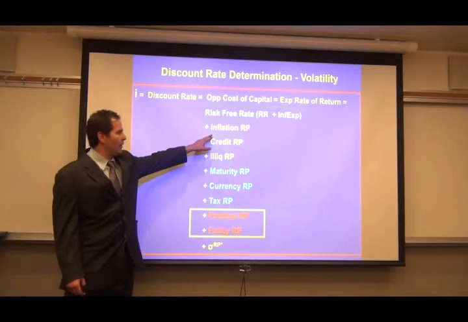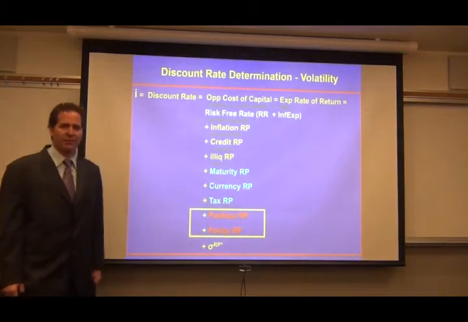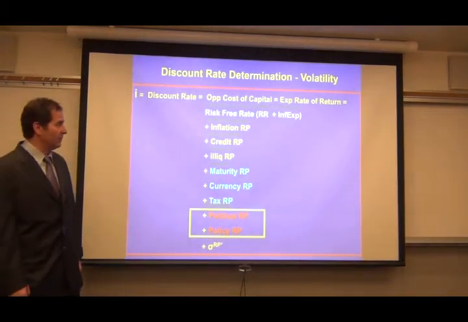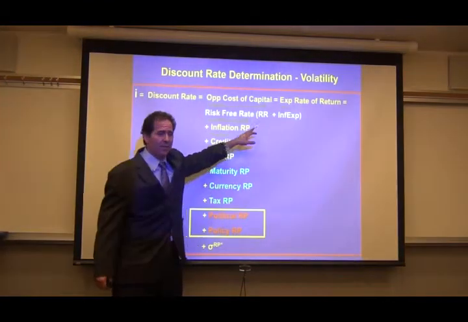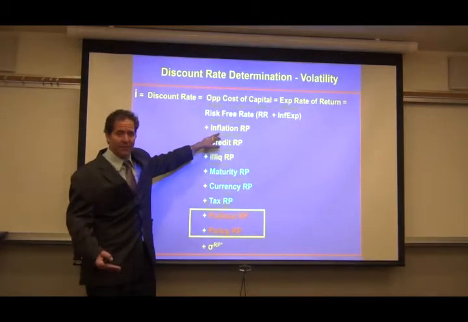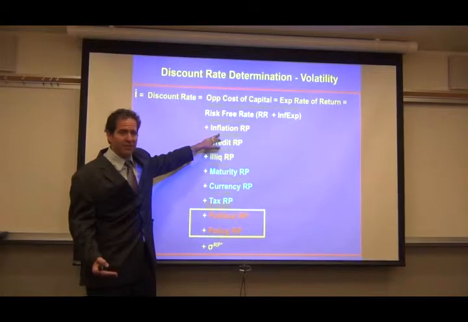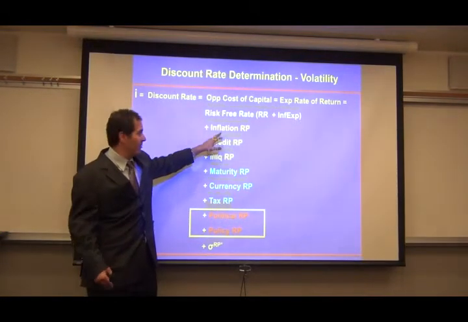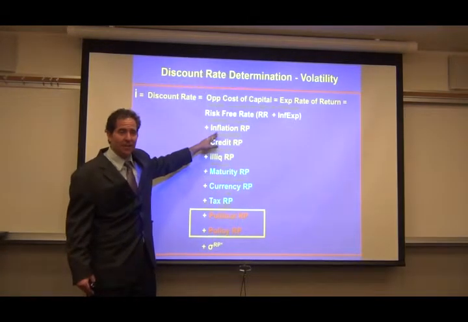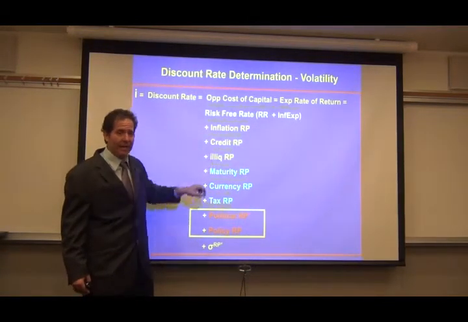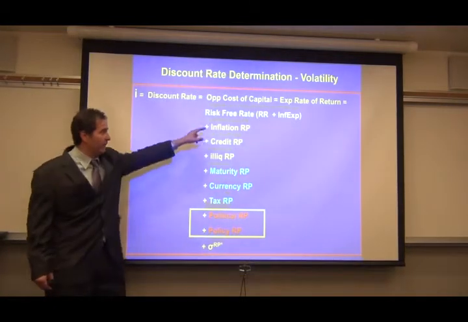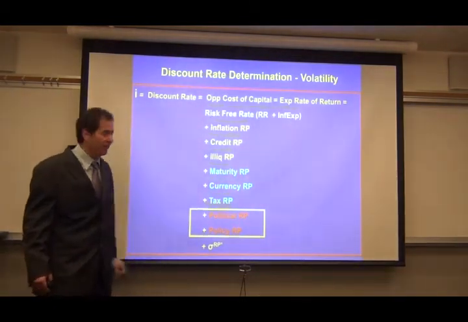You also have to add an inflation risk premium because maybe it's just inflation expectations, but if you go back to 2000, you can really see the volatility in price indexes. So we have a higher inflation risk premium that needs to be added onto the base rate.